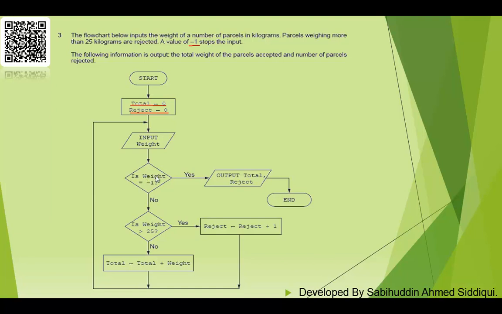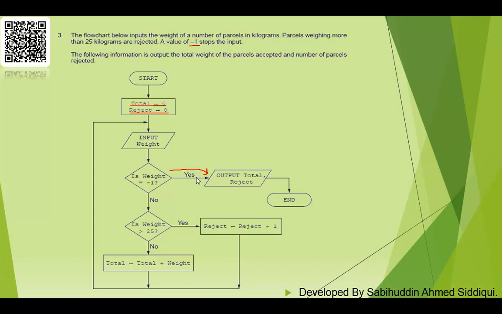If the condition is satisfied, yes, it has the operation written over here: you can see the output total and reject, and this sign, as you know, is used to show input and output. Now if this condition is satisfied, then it will output total and reject values and then come to an end.